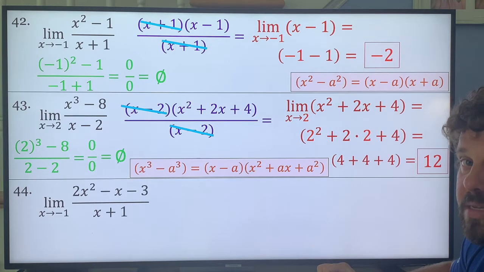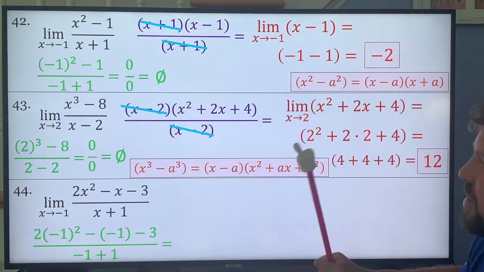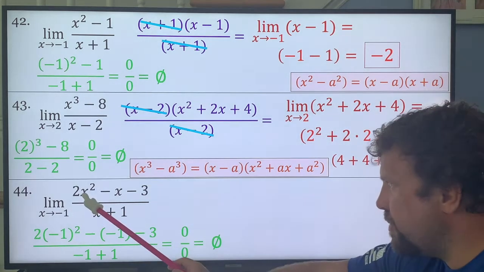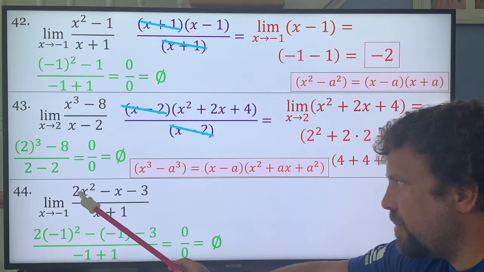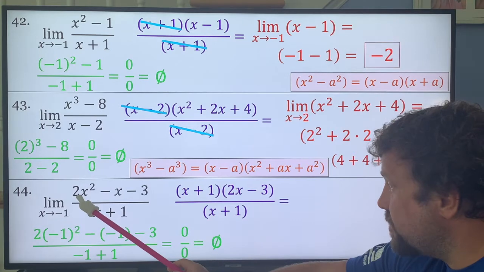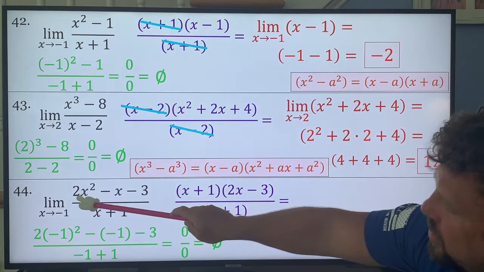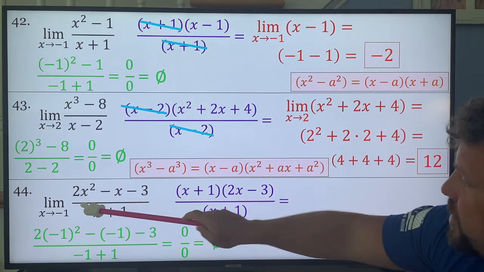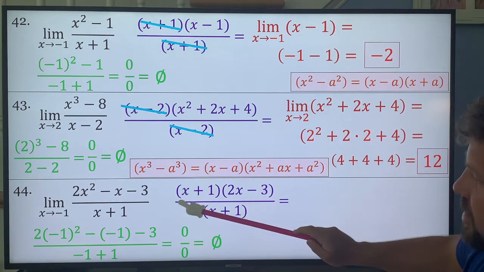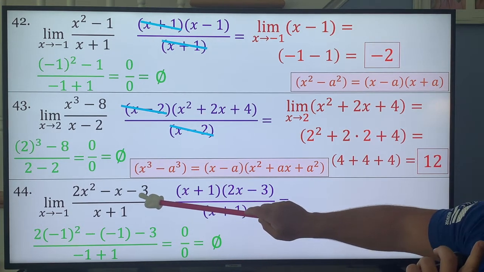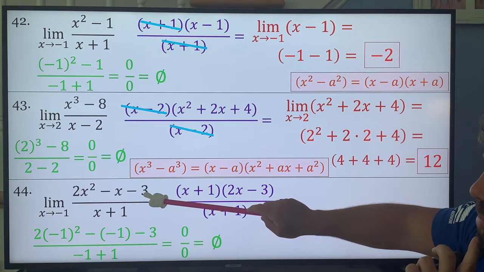This one. Remember to factor these guys? We're going to plug in negative 1. Get undefined as an answer. x plus 1 times 2x minus 3. Now watch how this works. 2x squared, the factors of 2x squared are 2x and x. The factors of negative 3 are negative 3 and 1 or negative 1 and 3.